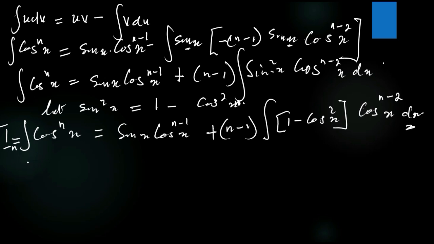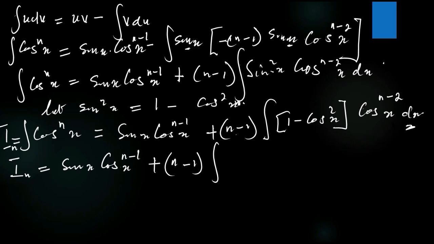Now this, my I_n, will be the same thing as sine x cos x raised to power n minus 1 plus, I want to expand this, and at the same time I'll be multiplying it with two things. I'll be multiplying it with cos x raised to power n minus 2 and with n minus 1.